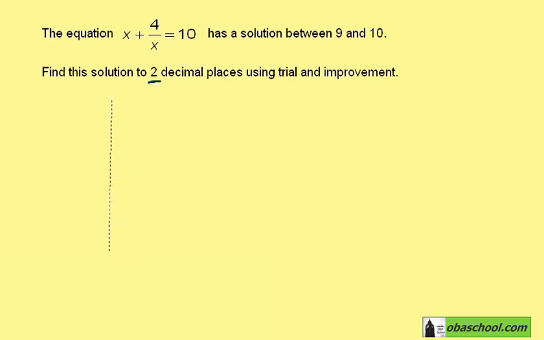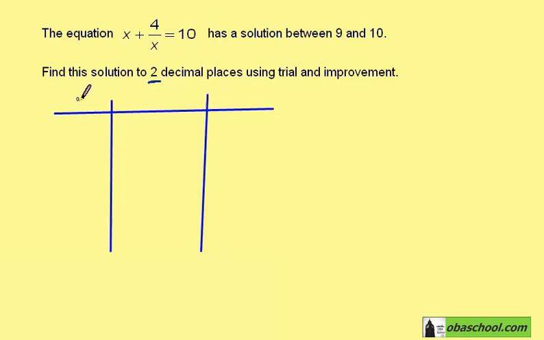Once again, let's organize our information in a table. The first column contains x, the next column x plus 4 divided by x, and finally a comment. We're given the solution is between 9 and 10, so let's check these values first.